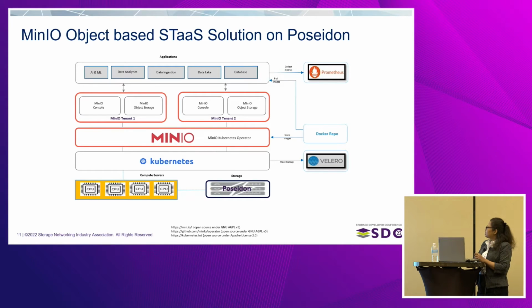For log collection and system metrics collection, we are using the Prometheus service. And to back up the Kubernetes pods and Kubernetes deployment, we can make use of the Velero service. Both of these are Kubernetes services which are available with Minio.